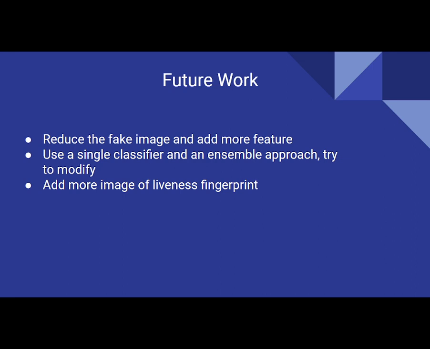So try to modify this individual chunk and add more images of liveness fingerprints, because the liveness fingerprint number is short in this paper. So if someone wants higher accuracy, they should add more liveness fingerprints.